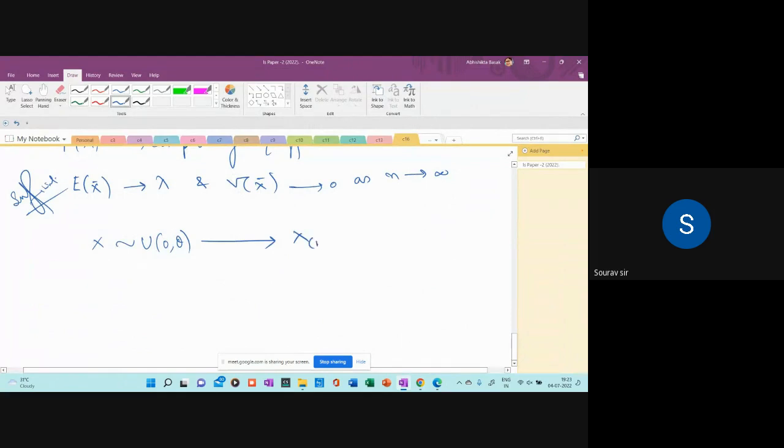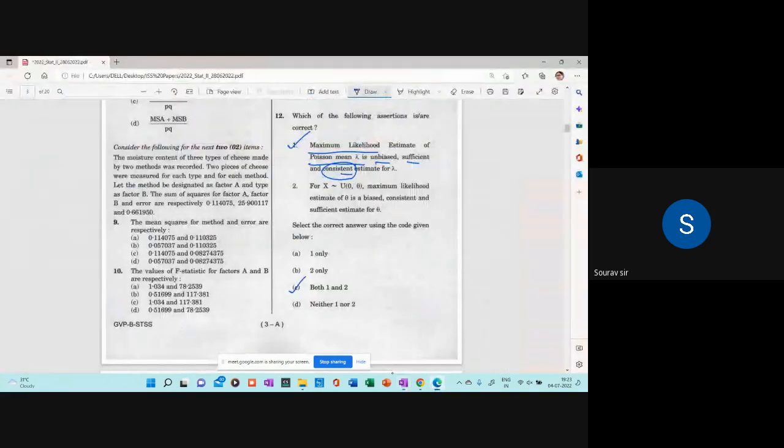I am not showing it right now, but x order n is the MLE of theta here. So it is biased, consistent and sufficient. So both 1 and 2 are actually correct. Is it okay?